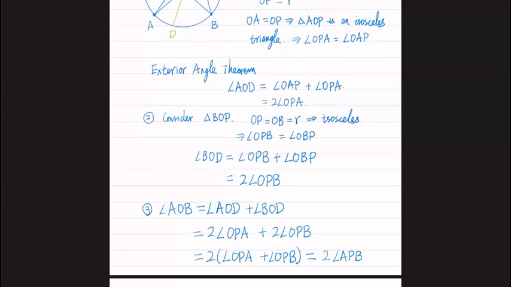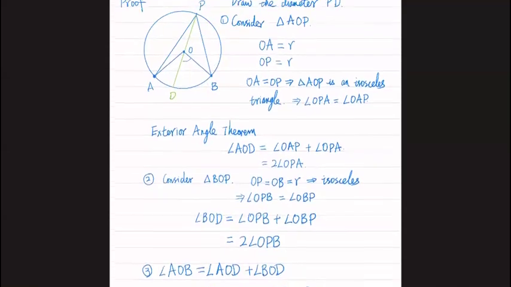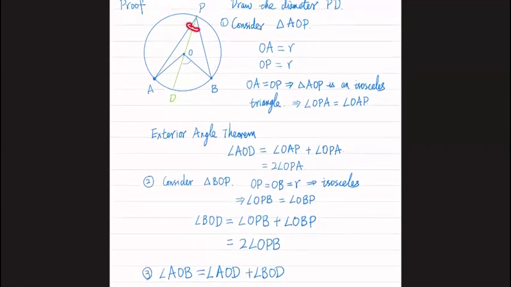So in this way, we show that this angle is always half of this angle. The inscribed angle is half of the central angle, because this is half of this one, and this is half of this one. The summation is half of the central angle. When P moves on the circle, this angle stays the same.